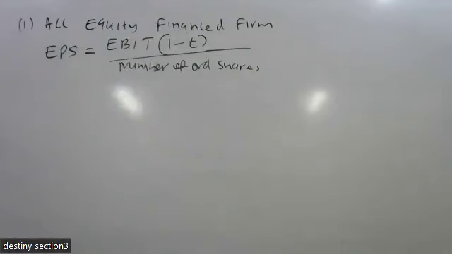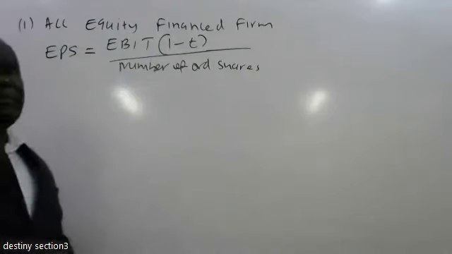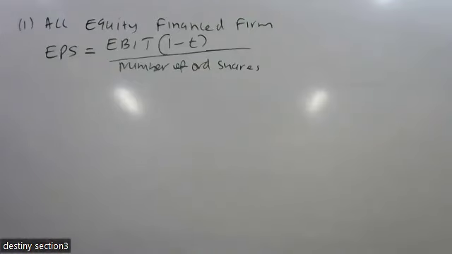So when you want to get the earning per share for an all equity financed firm, you simply take earnings before interest and tax, then 1 minus the corporate tax, then divide by the number of ordinary shares.